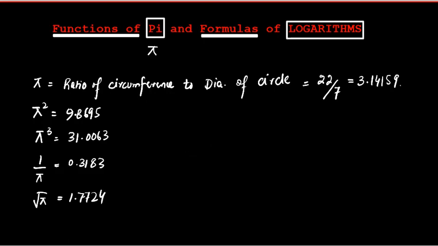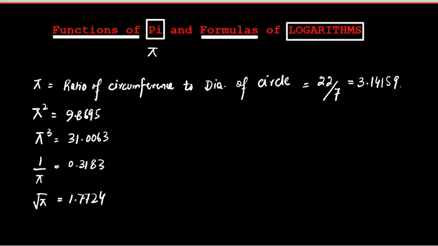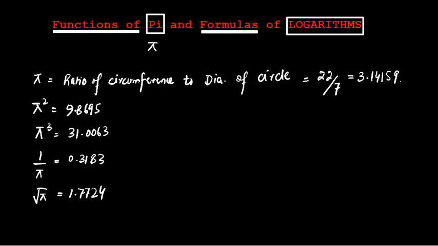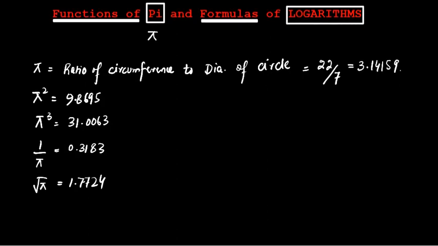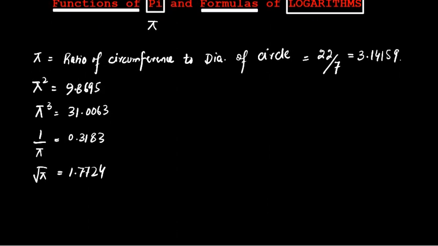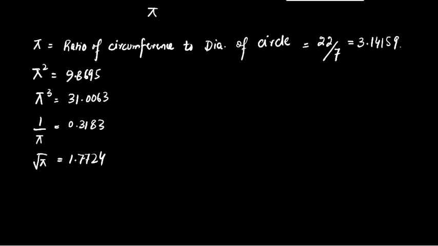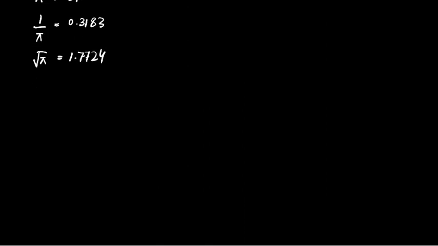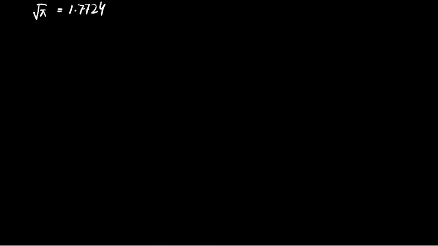So these were some functions of pi, and the basic point we are going to discuss in today's video are the important formulas of logarithms, right? So let's start with that.